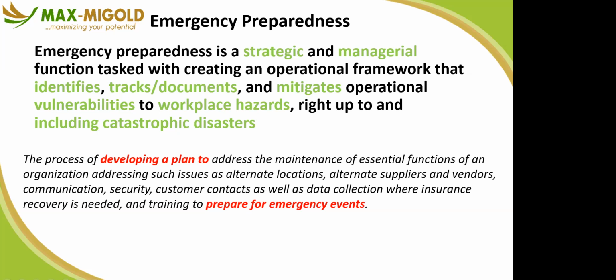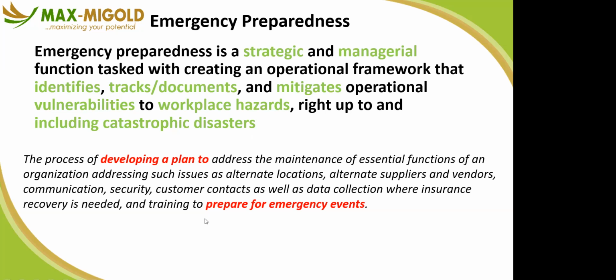Creating the operational framework that documents vulnerabilities. Those are the exposures to a workplace hazard, even up to catastrophic disaster. What is that thing that can lead to a complete destruction of your system?